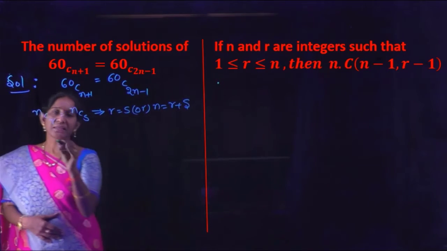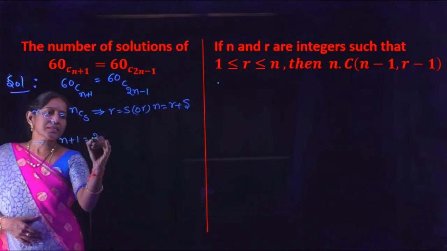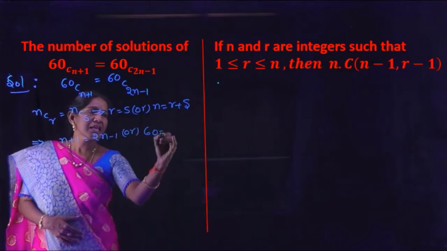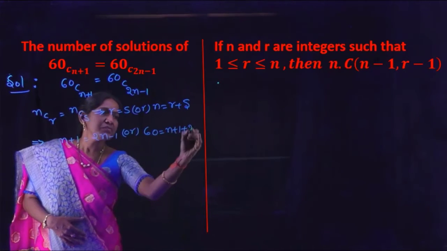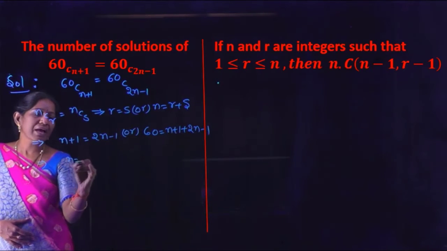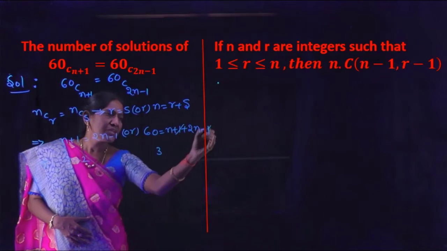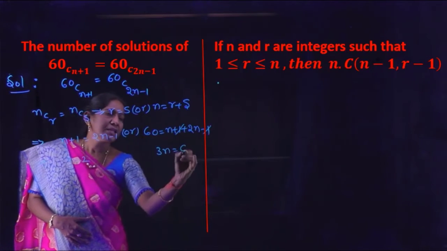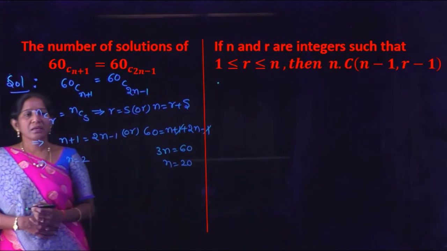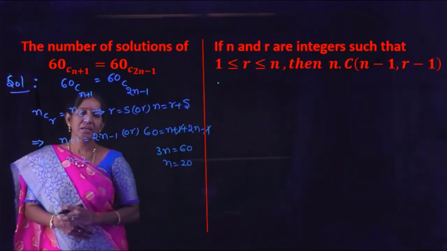So, by applying this, we can get n plus 1 is equal to 2n minus 1, or 60 equal to n plus 1 plus 2n minus 1. This implies the value of n is 2, and from this the plus 1 and minus 1 get cancelled, 3n equal to 60, the value of n is 20. So, the values of n are 2 or 20.